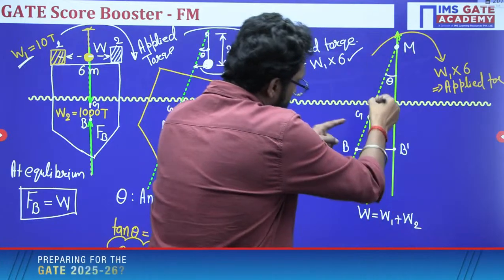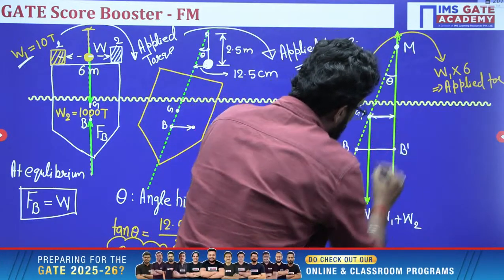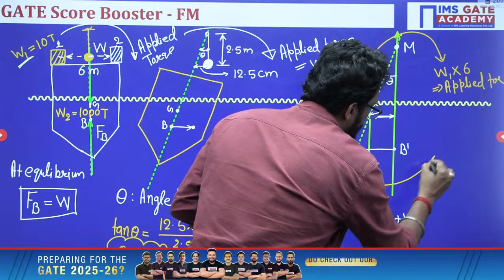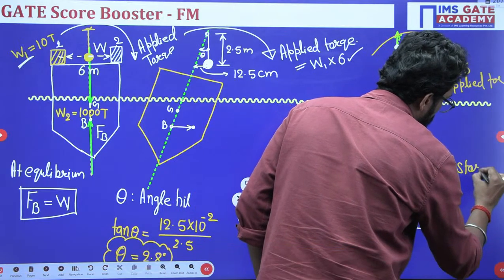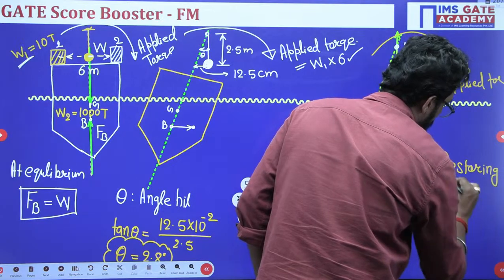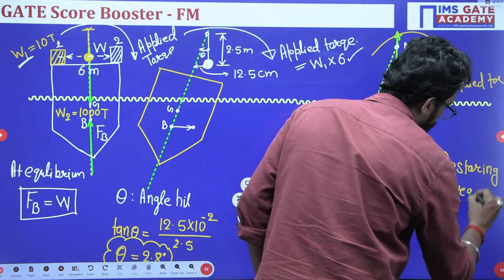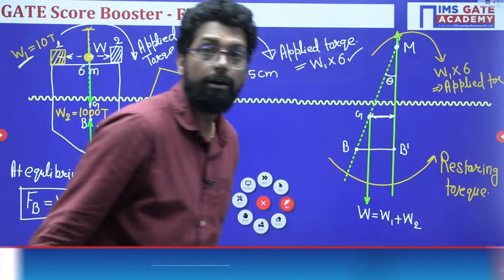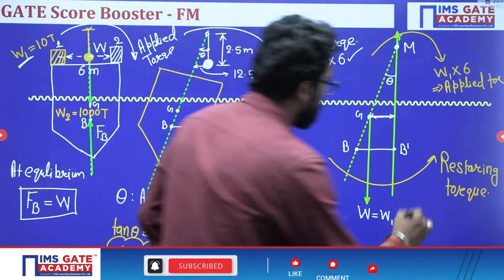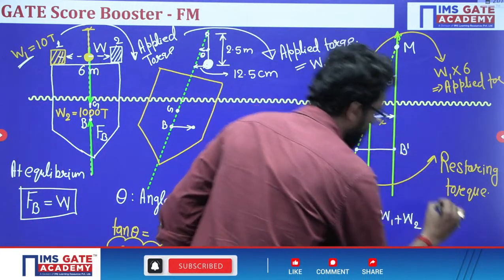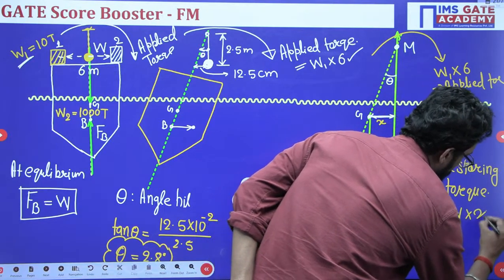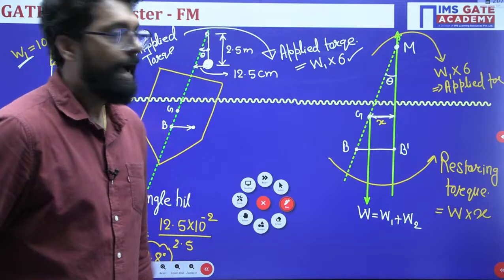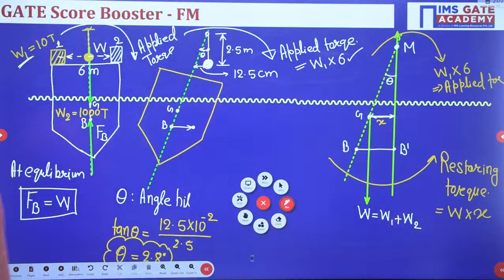And this weight into this distance is the restoring torque. Let's suppose this is X. So restoring torque is W into X. At equilibrium, both are balanced.